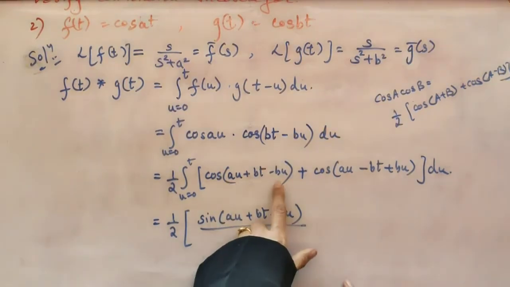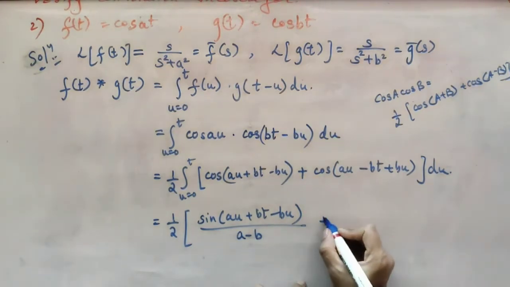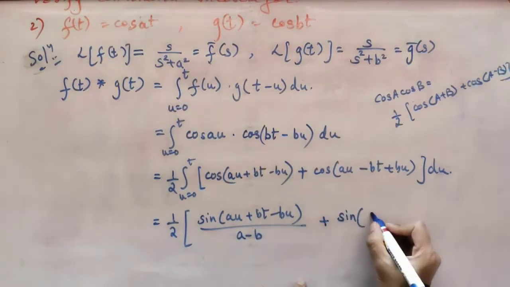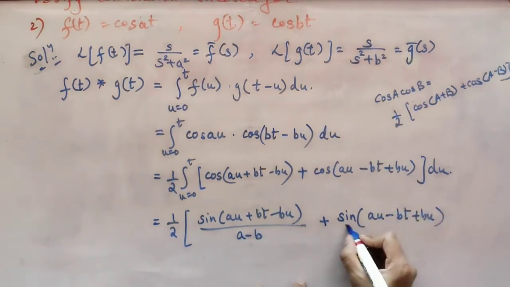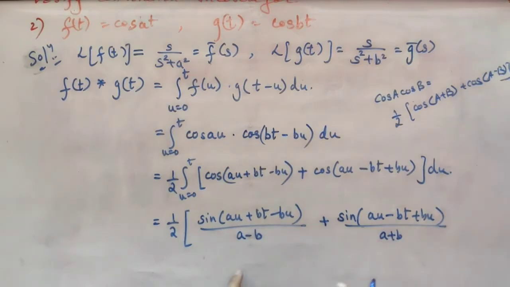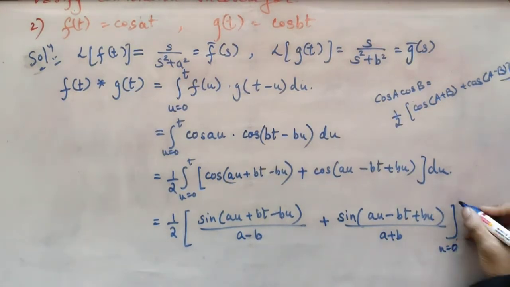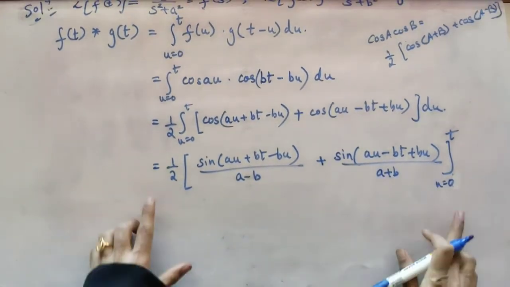So it is a minus b, plus integration of cos is again sine of au minus bt plus bu divided by the coefficient of u only, so a plus b. Okay, this from u going from 0 to t. I hope it is clear up till here.